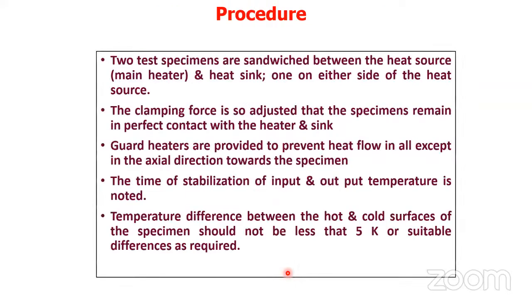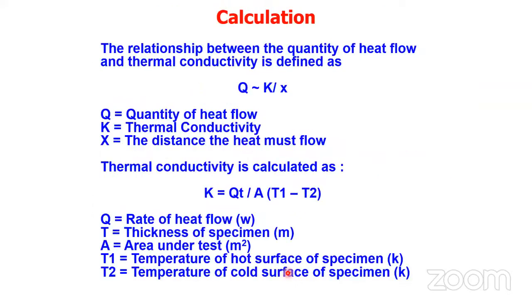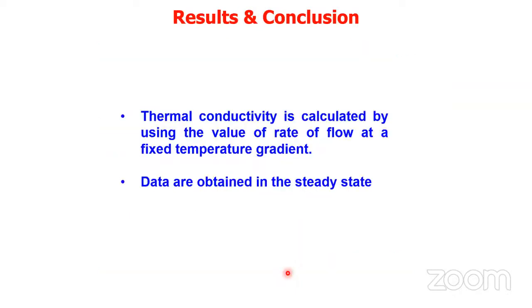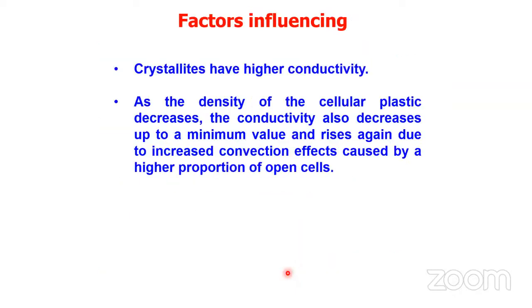So this procedure we have already discussed, and this is the formula which we have discussed. Accordingly, we can calculate the thermal conductivity of your polymeric materials. So what kind of factors affect the thermal conductivity of a polymer? It is the crystallinity present in your polymeric material; crystallites have higher conductivity.